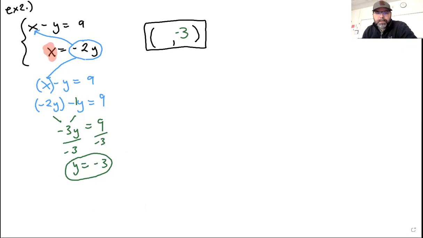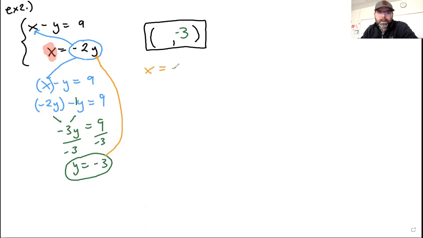So step 4, we are going to, what color did I use on step 4? Orange. We're going to take that -3 and we're going to plug it into our isolated equation. That's this one for, in this case, y. So let me rewrite this.